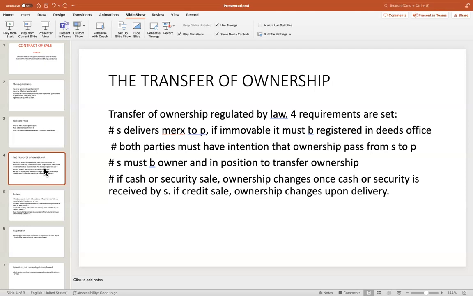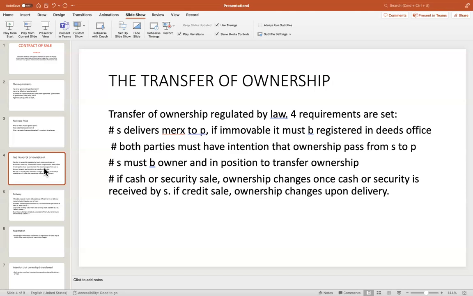You have paid me, I have given you the phone, so it means that I have delivered. And in cases of immovable property, as I mentioned a second earlier, in the case of a house, your immovable property must be registered in the deeds office in order for the transfer of ownership to actually commence.